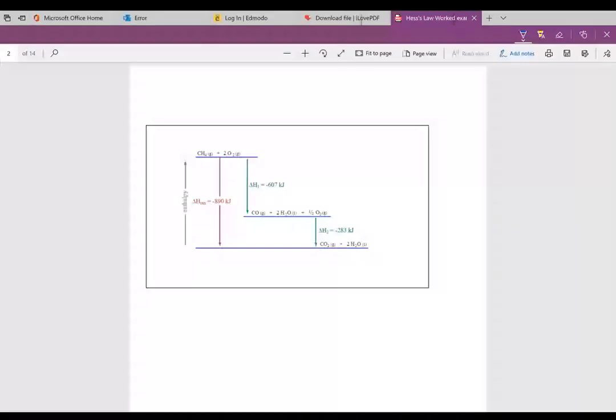Okay, so here you have an example, the combustion reaction of methane, CH4, with oxygen. We know that in reacting CH4 with oxygen, we make carbon dioxide and water. I can do that in one step, going this way, or I can do it in 2 steps.